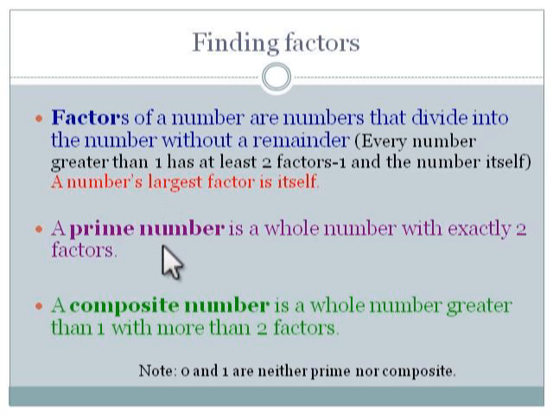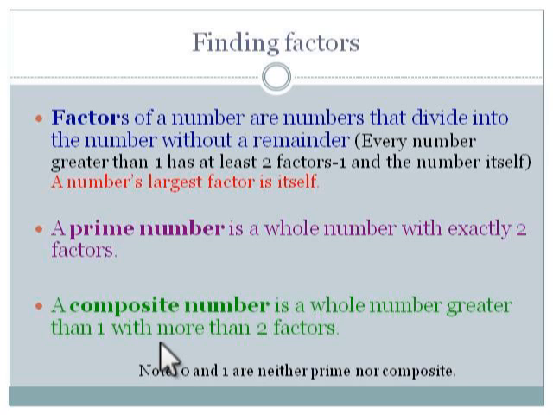A prime number has exactly 2 factors. That's one of our vocabulary words. So the number 11 is prime because the only factors it has are 1 and 11. A composite number has to be greater than 1 and has more than 2 factors. So the number 4 is composite because 1 is a factor, 2 is a factor, 4 is a factor.